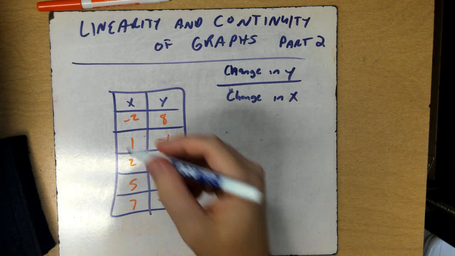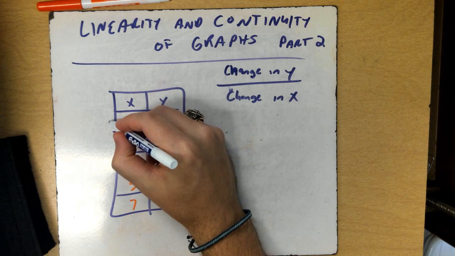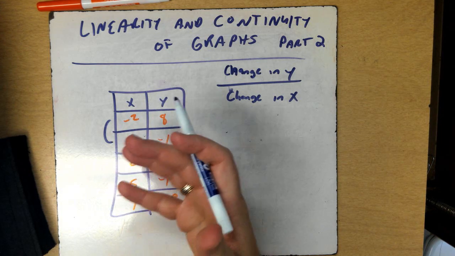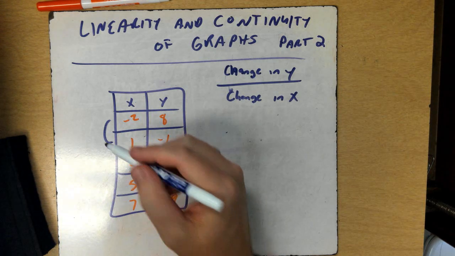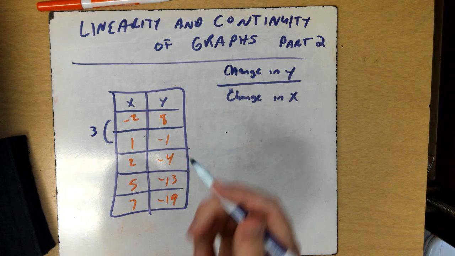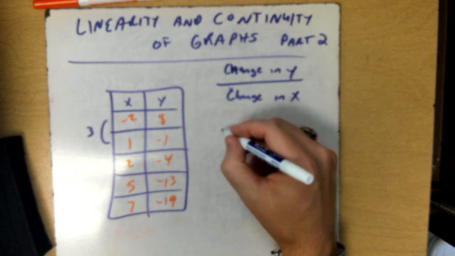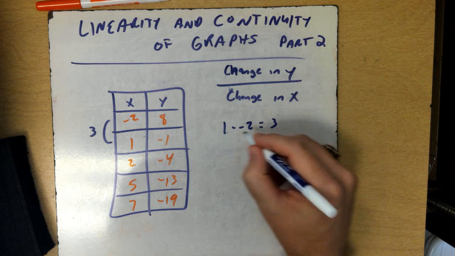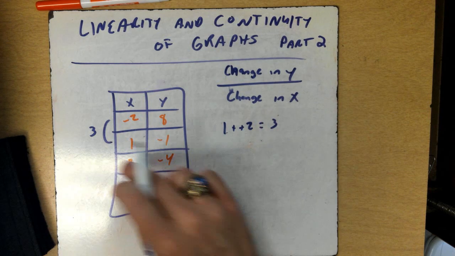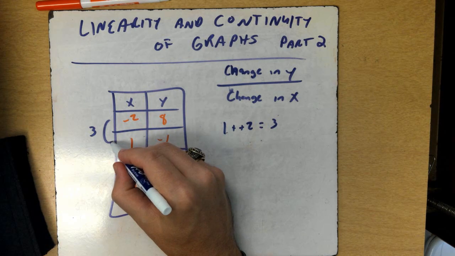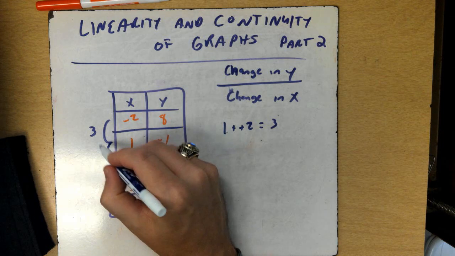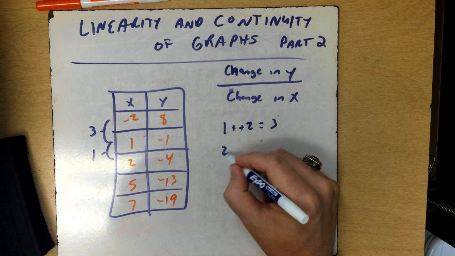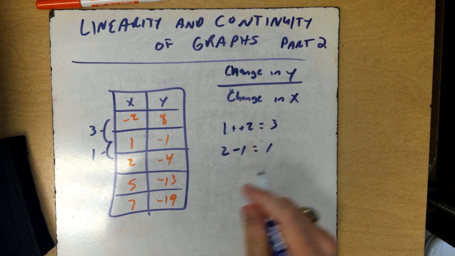The difference is 3, because 1 minus -2 turns into a plus, giving 3. Now 1 and 2: 2 minus 1 equals 1.